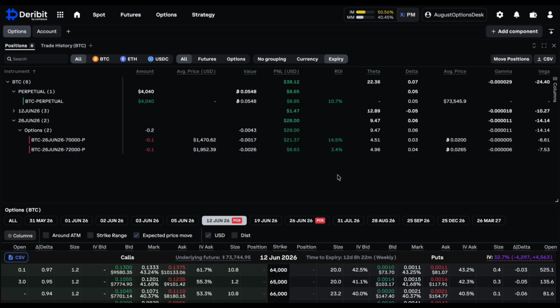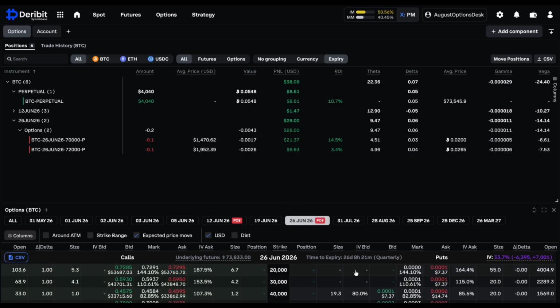So these are put options. Put options is when you select a strike price and you're bullish, saying, okay, I believe that Bitcoin is going to be above these strike prices by June 26, and that's about 26 days from now, right? So I have time on my side, and the reason why I selected a further time for the puts is because we're in a bear market, like I explained earlier in the chart.